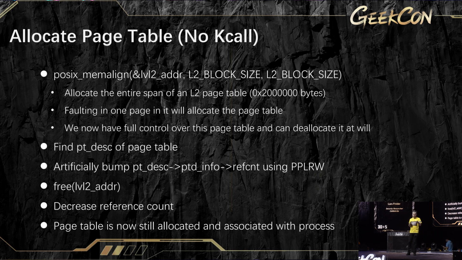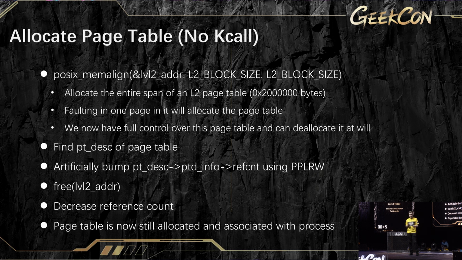We can do this with POSIX memalign, and the address we get essentially then is one entire level 2 page table. And the important part is that we can trigger the deallocation of this when we want by just freeing this allocation again.